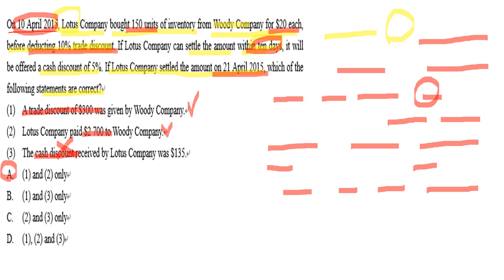Number one, to analyze this question, we do like this.